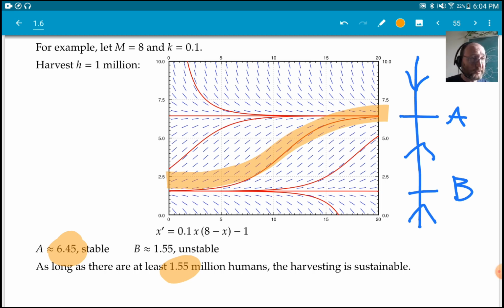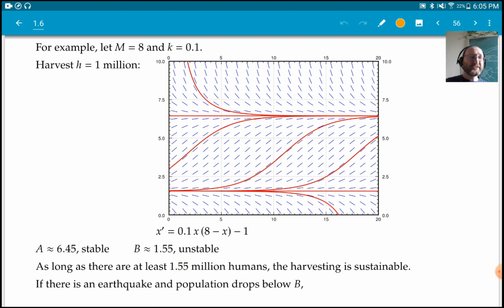This restaurant doesn't go out of business, right? So as long as at any point it's at least 1.55 million humans, it will eventually just go towards the 6.45, right?